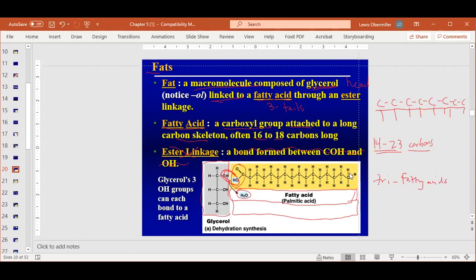And that glyceride comes from the fact that it has this glycerol head, which is basically methane, ethane, propane. So it's actually propanol, but because it has 3 hydroxyl groups on it, it's called glycerol. And that OL tells you it's an alcohol, and that tells you it has these hydroxyl groups on it.